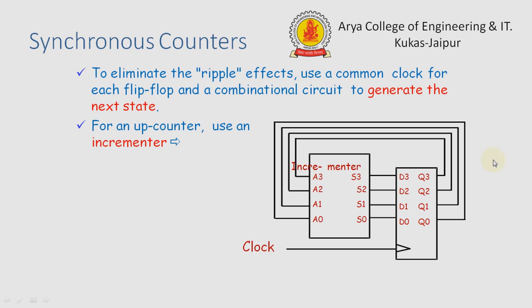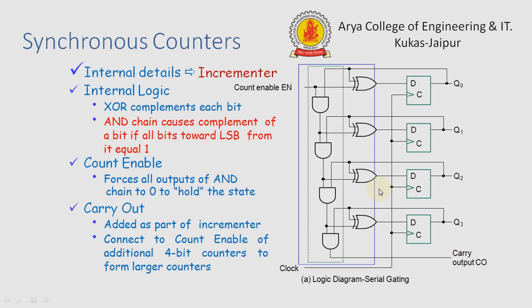But in this type of counter, a clock pulse is applied to each flip-flop, and an up counter uses an incrementer, and a down counter uses a decrementer.